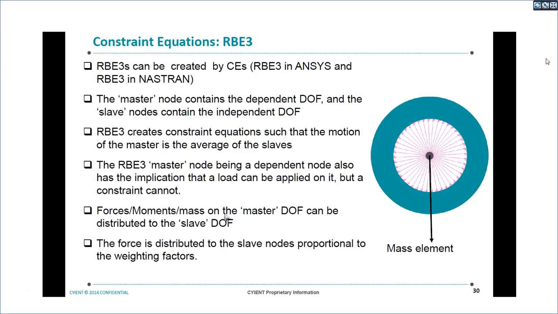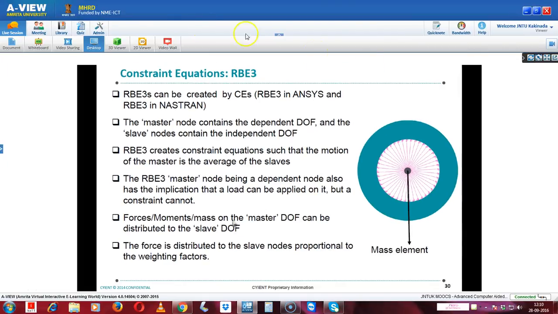Suppose I use a series here and the nodes are not evenly distributed. If I want to apply a load like this, you can use RB3. If they are equispaced, the load is equally divided.